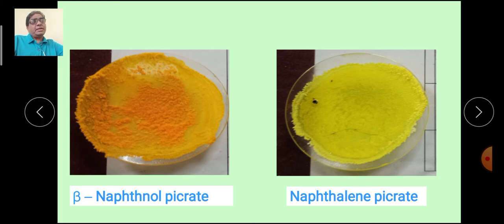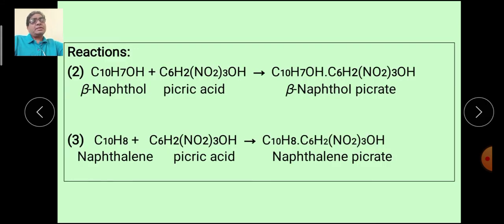Picric acid, the structural formula is 2,4,6-trinitrophenol. It is a phenol. Yes, we are going to see the reactions. This is a phenol, C10H7OH, and this is a picric acid.